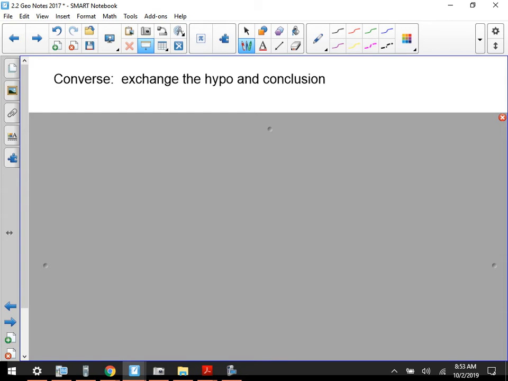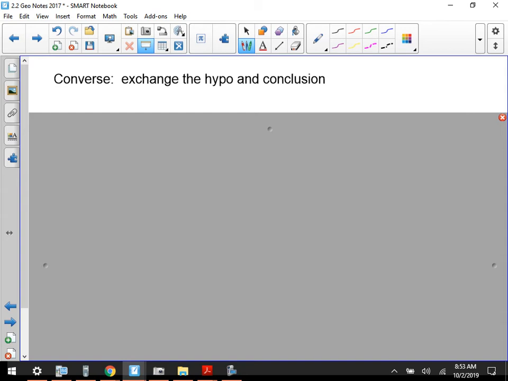So if I exchange the P and Q, over here, what was your P? If the lines are perpendicular. So our P is lines are perpendicular. The Q is then they intersect. So they intersect. If what intersects? Perfect. And you're very close.